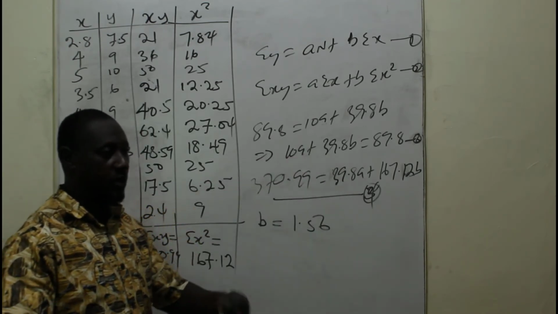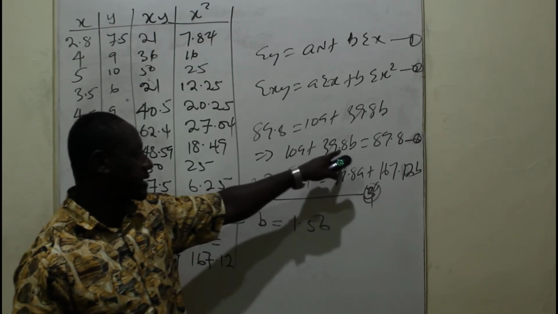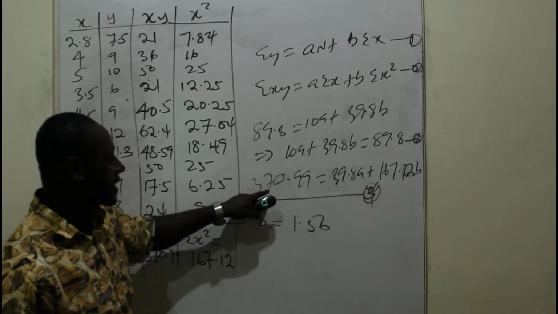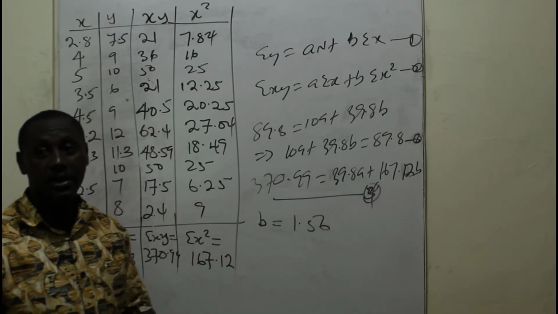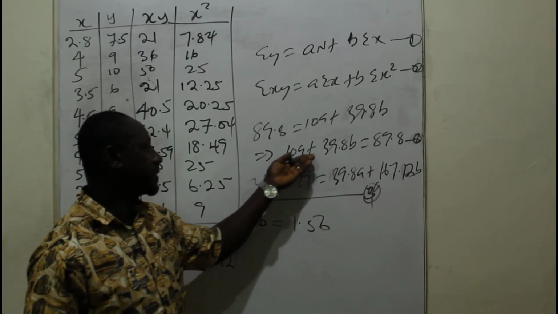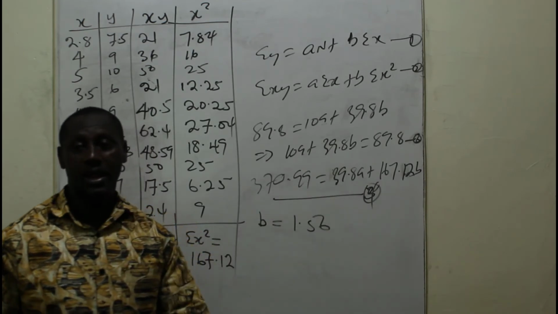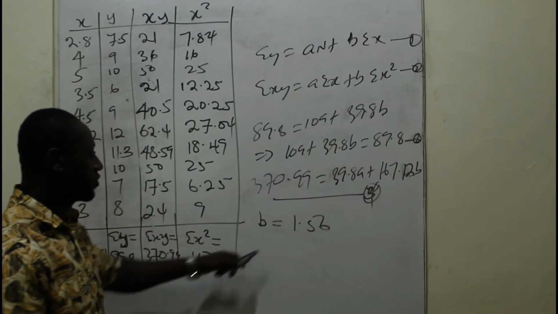We can go by elimination, we can go by substitution method. So we can make one of the variables the subject here, and when we get it, we substitute into this equation and then look for that. So we made A the subject and substituted into that. And through that, it will yield B.